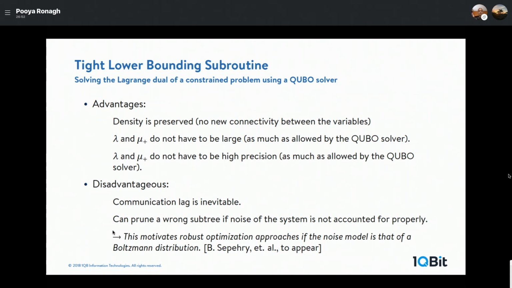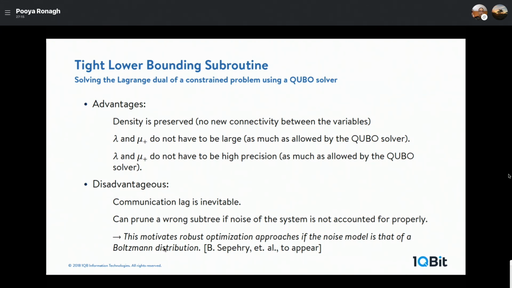If the noise model is something like a Boltzmann distribution, then that's actually great because this motivates solving machine learning problems using this Lagrangian dual. For example, when you work with support vector machines or structured support vector machines, you would be able to solve this problem even more efficiently.